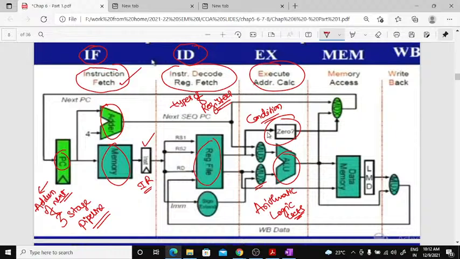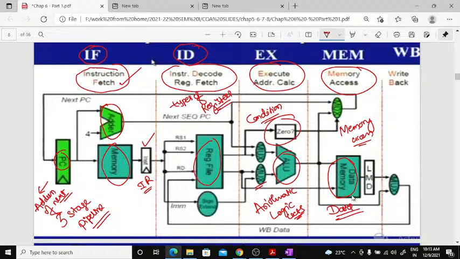So: instruction fetch, decode, execution, and also the memory access. Memory access means it contains the data memory, where it stores the data.